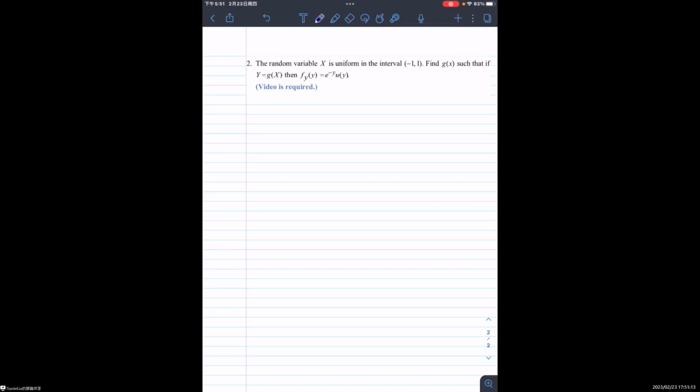For this problem, we can see from the clues that there's a picture comparing the capital F_X to the capital F_Y, and showing that the random variable X is uniform on the interval. We can have a graph like this.